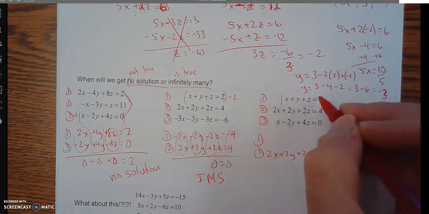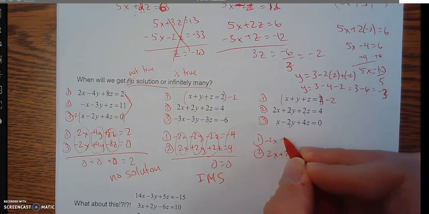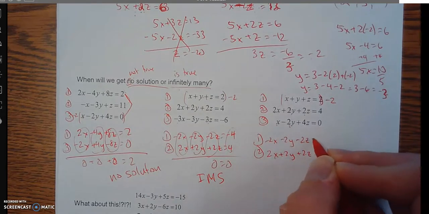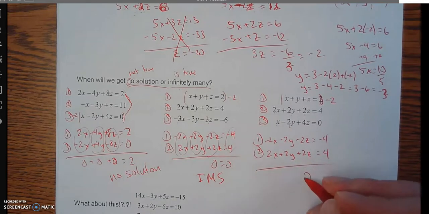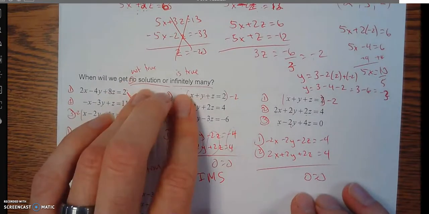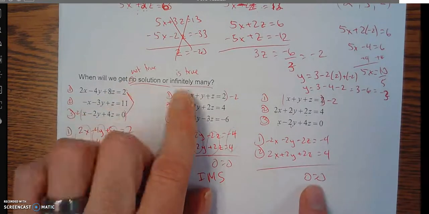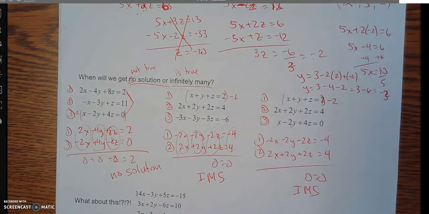And I need to take this times negative 2. So negative 2x minus 2y minus 2z equals negative 4. And again, everything wipes out. So all the variables being gone means it's one of these two situations. That is a true statement, so it's this one. So infinitely many solutions.